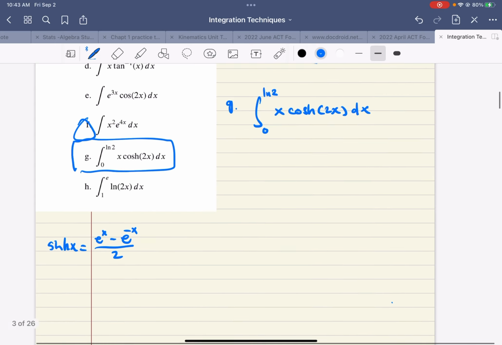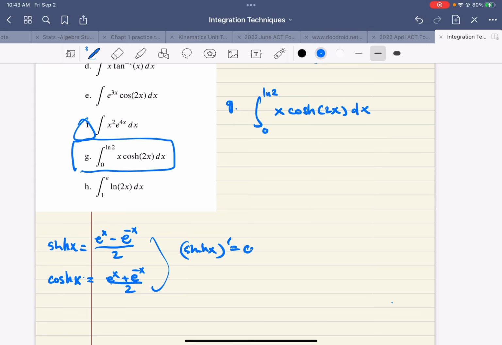And hyperbolic cosine is e to the x plus e to the negative x over 2. So the relationship is that the hyperbolic sine derivative is hyperbolic cosine, and the hyperbolic cosine derivative is hyperbolic sine. That's the relationship you have. Now let's go back here.